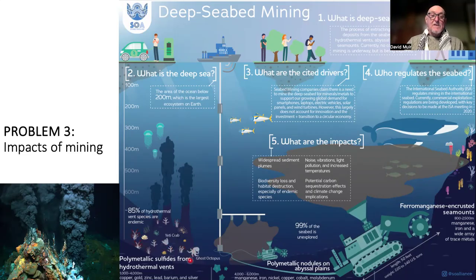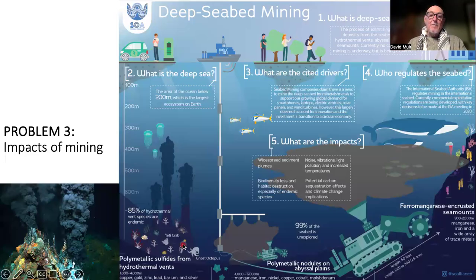And the first that I'll tell you about, they're called polymetallic sulfides. And these often are rare and very valuable precious metals. So, for example, silver, gold, platinum, those kinds of things. And these occur very specifically at hydrothermal vents.